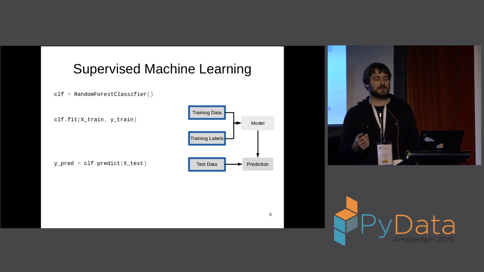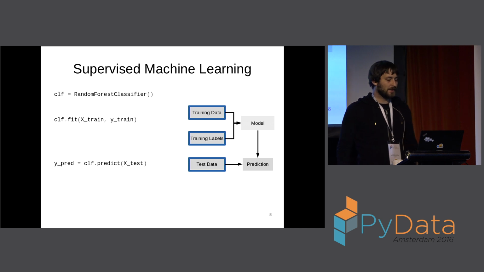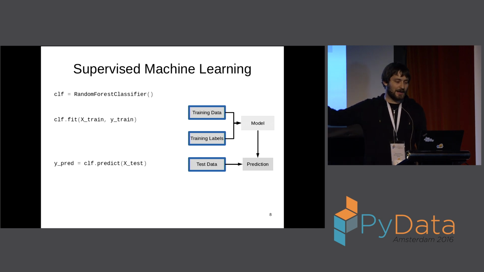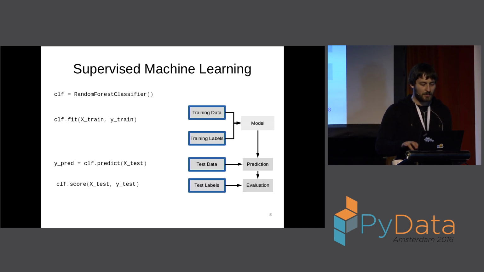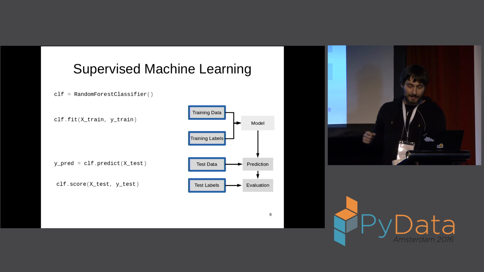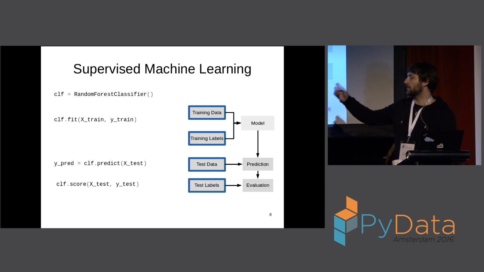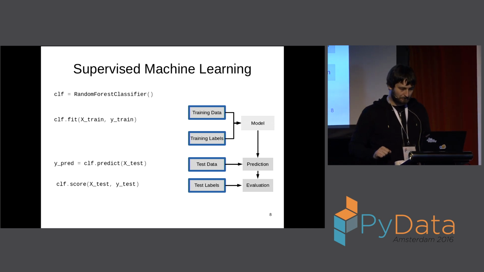If I want to use the model to predict, I call clf.predict with the test data, the two-dimensional array of the test features, and I get back a one-dimensional array of responses. If I want to evaluate the model, I can use the score method, which gets both the test data and some test labels. This tells me how well my model generalizes to the test data.